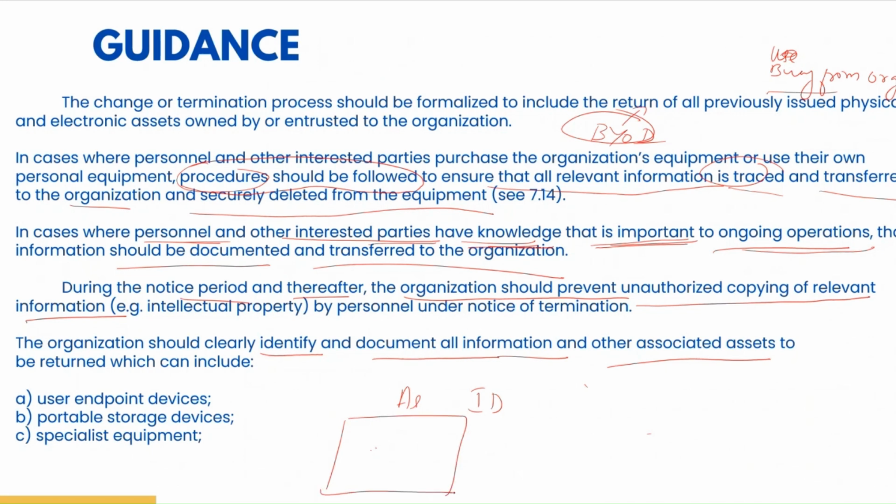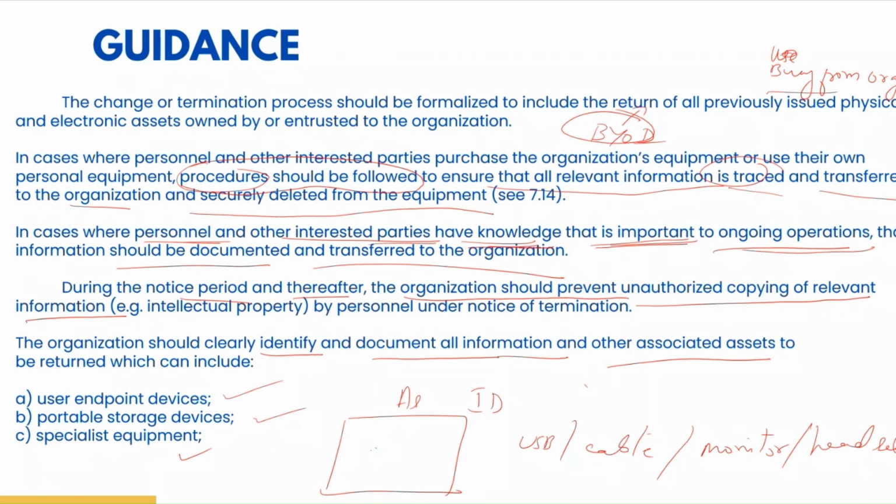If you're not a big organization, then document everything. It could be an endpoint device, portable storage devices like USB, cables, an extra monitor that your organization gives, your headsets, okay, specialized equipment. Sometimes I have seen organizations where they work for labs, okay, and to do the testing, they get a lot of special equipment.